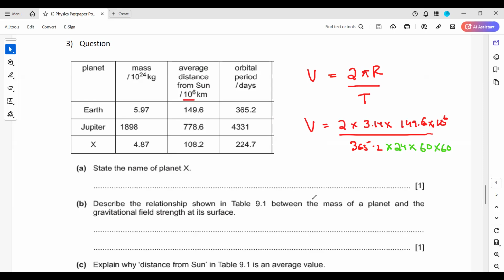The final answer will be 29.9 kilometers per second. So approximately 30 kilometers in 1 second, the Earth covers.